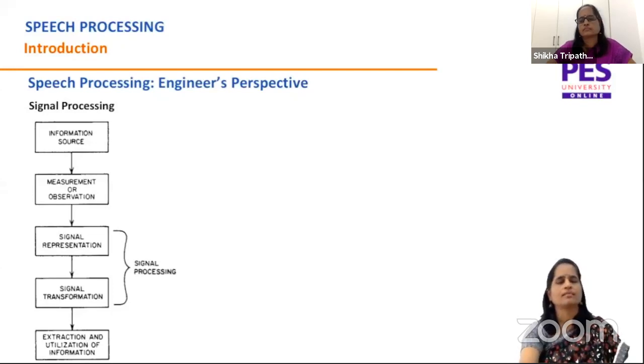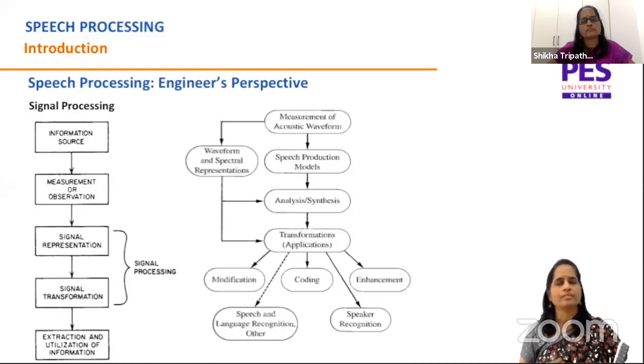These are the two modules where the signal processing fraternity actually works: signal representation and signal transformation. These are the modules where we try to contribute something. Now, if I connect this to the study of speech processing, these are the various modules you will see. The first is the measurement of the acoustic waveform. First of all, I need a device to measure the speech, music or audio signal that we want to process.